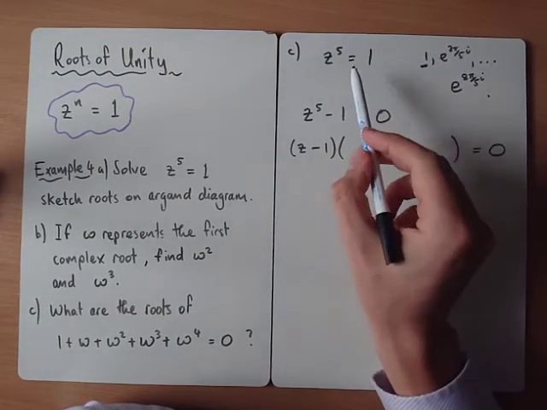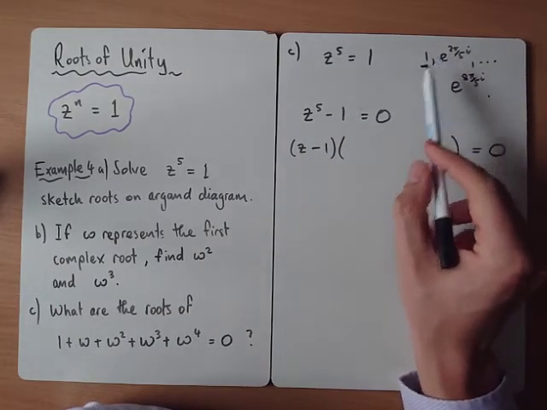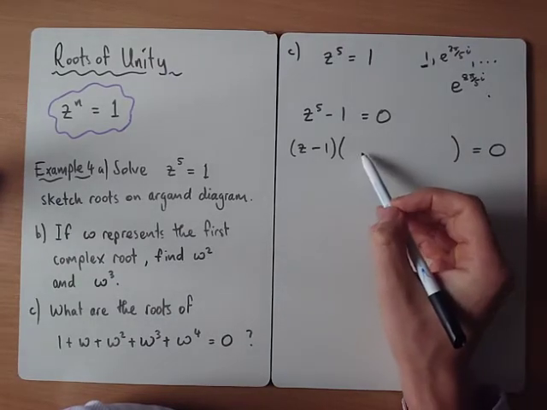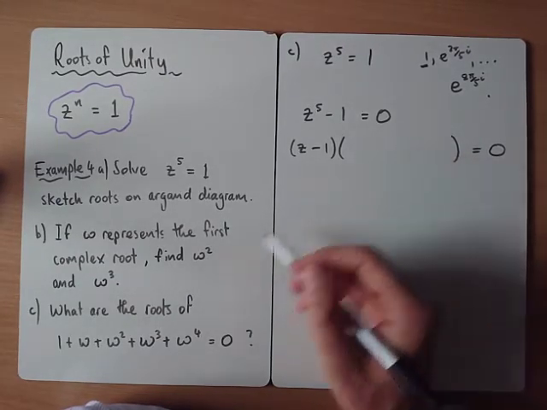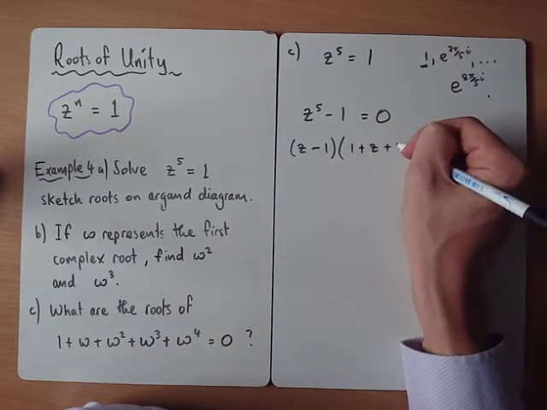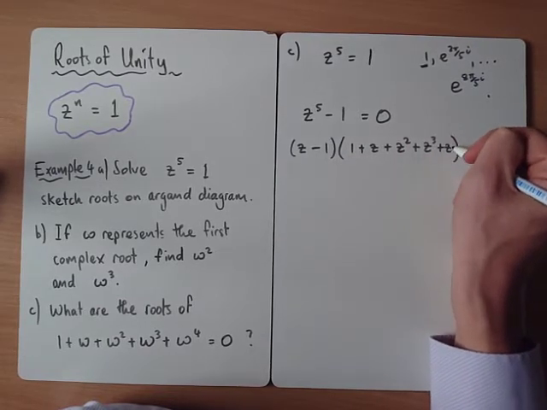Okay? So this equation here we can rearrange. We know the real root is 1, so we know z minus 1 is a factor. Now it just so happens that the stuff we've got left here will be 1 plus z plus z squared plus z cubed plus z to the 4.